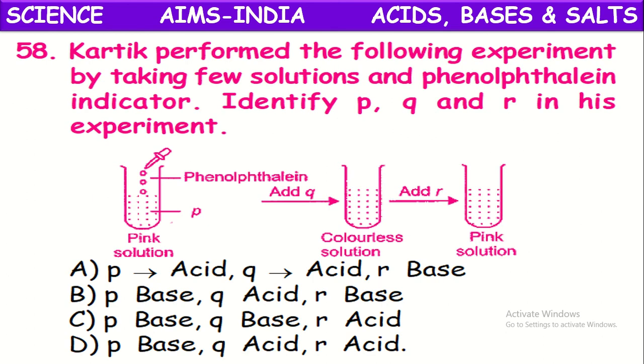Next, Karthik performed the following experiment by taking a few solutions and phenolphthalein indicator. Identify P, Q, and R in his experiment. See here, he has done an experiment. When a certain substance is added to phenolphthalein solution, it turns pink. What might the solution be? Yes, bases give pink color with phenolphthalein solution, so P must be a base.